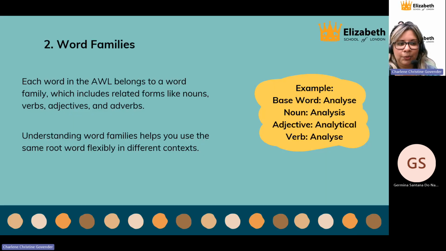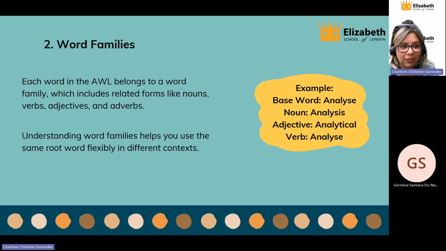Now, what I do enjoy about the academic word list is that it has a focus on word families. It's not the word in isolation like it would be with a dictionary. So if you look up a word in the dictionary, you get the meaning, that's it.